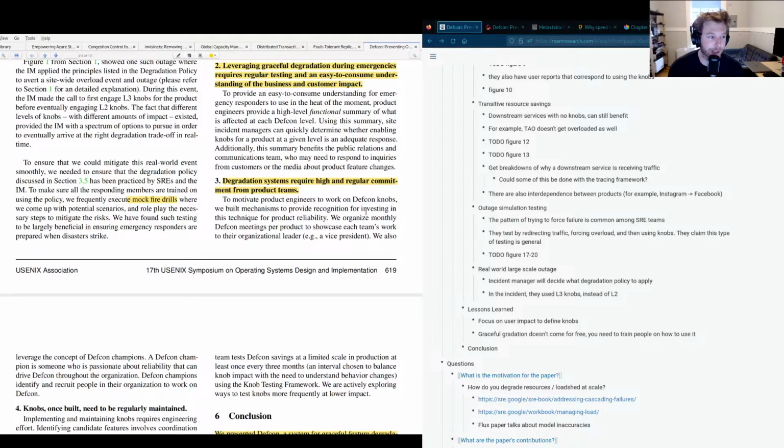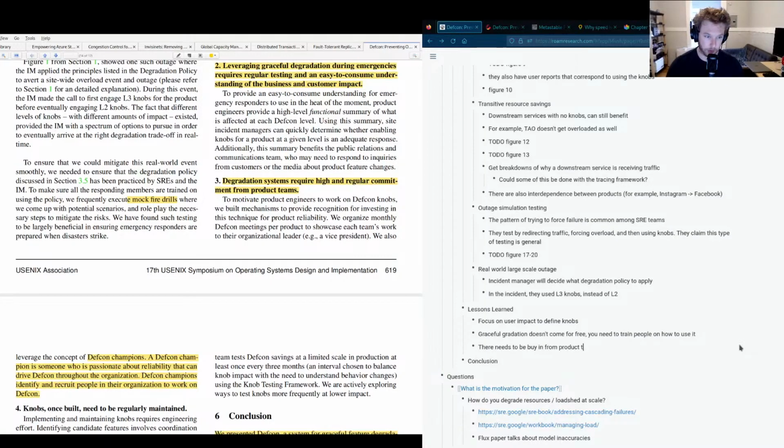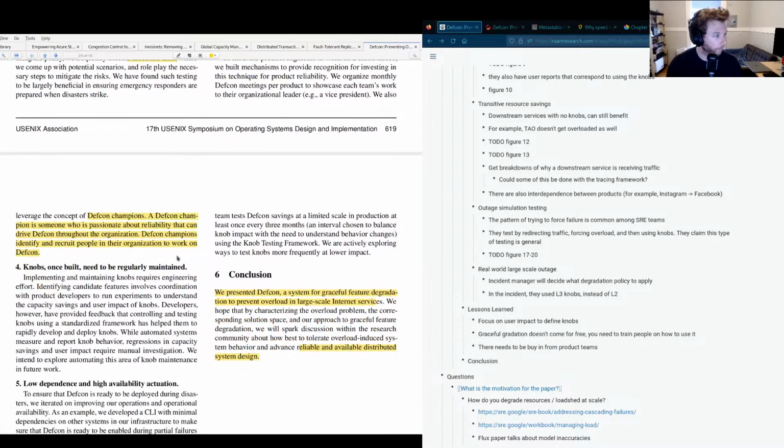Ongoing reporting is a good practice to have. Cool. Defcon champions. There needs to be buy-in. Yeah.